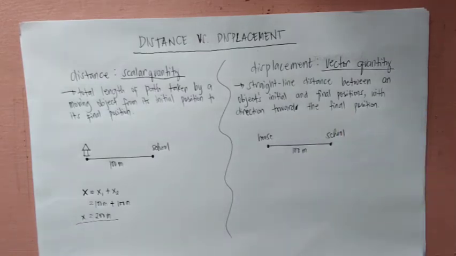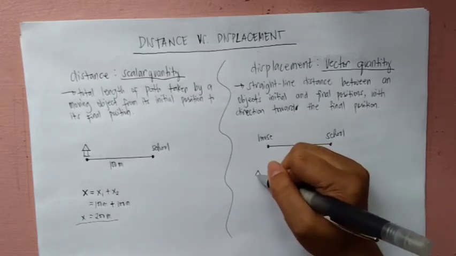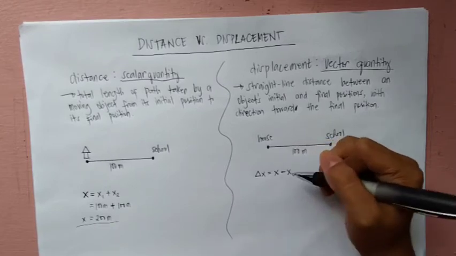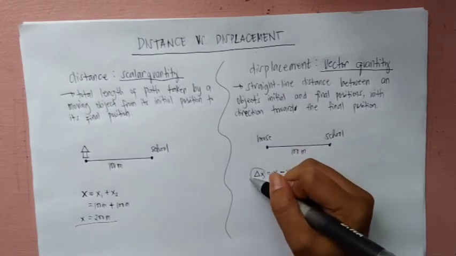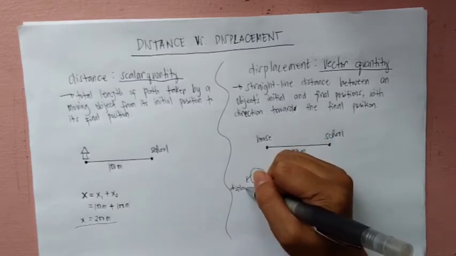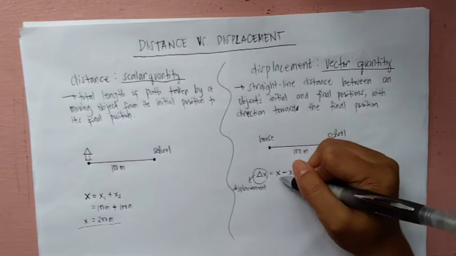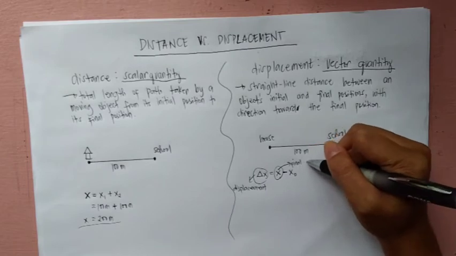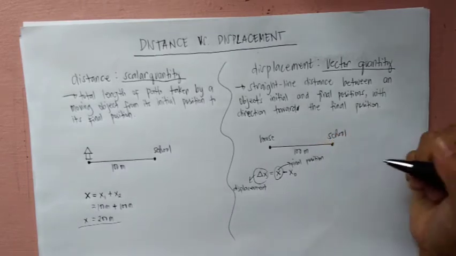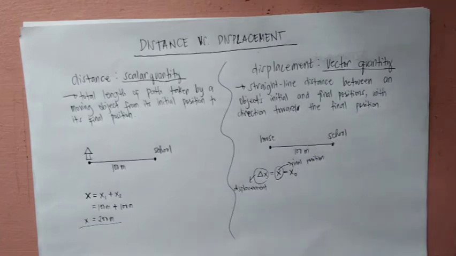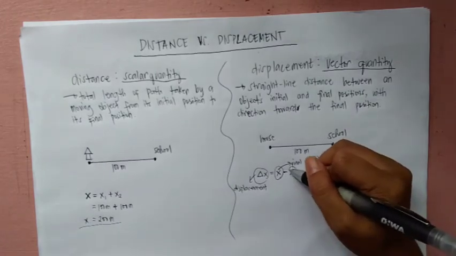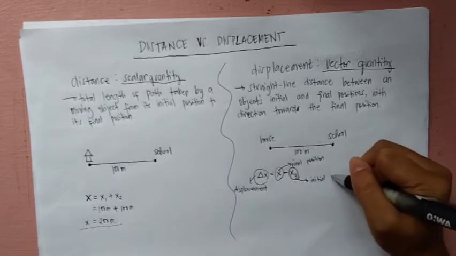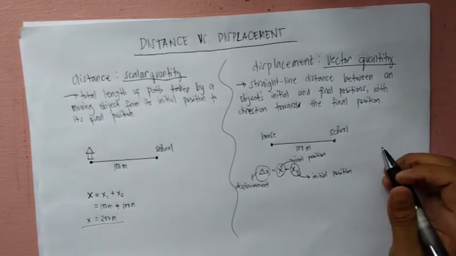The displacement in equation form is represented by delta x equals x minus x sub 0, where delta x is the displacement itself, x is the final position, and x sub 0 is the initial position.